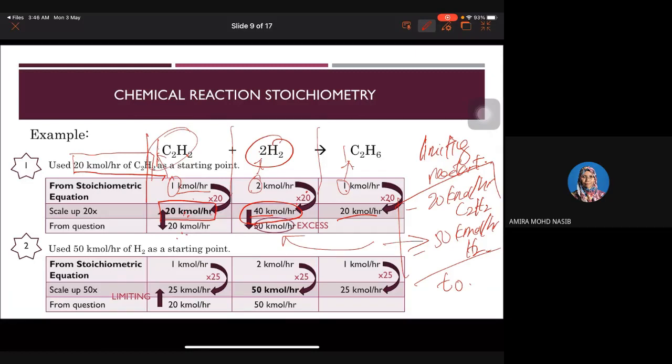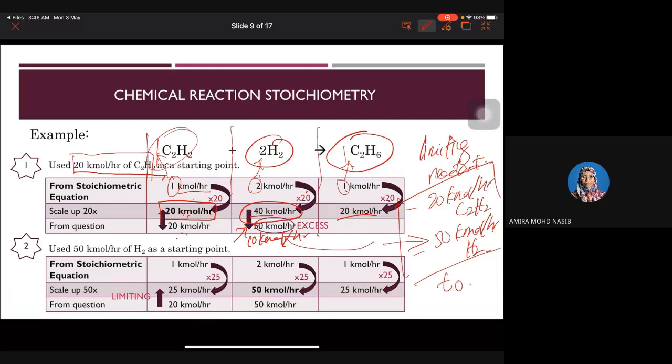Because at the end of your reaction, your C2H2 has been used totally to produce your product, but your hydrogen have left 10 kilomole per hour. Okay, understand? So this is how you determine your limiting reactant or excess reactant. So this one is excess, automatically the other one is limiting.